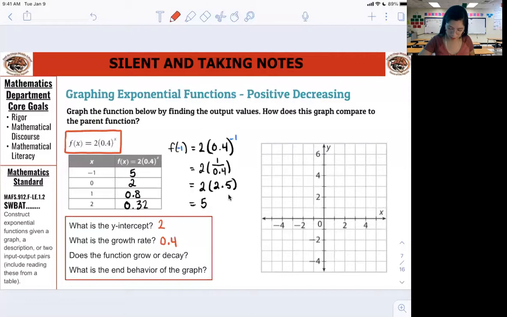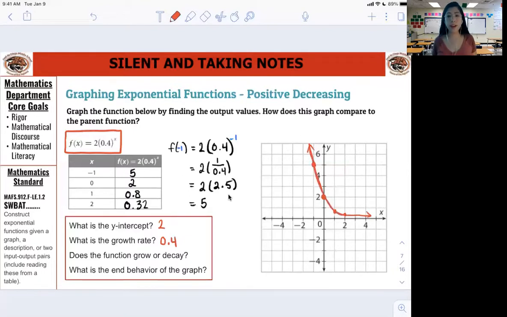So -1 comma 5, 0 comma 2, 1 comma 0.8, that's going to be somewhere around here, and then 2 comma 0.32 gets closer and closer to 0, but it's never going to really get there. And there's my graph.